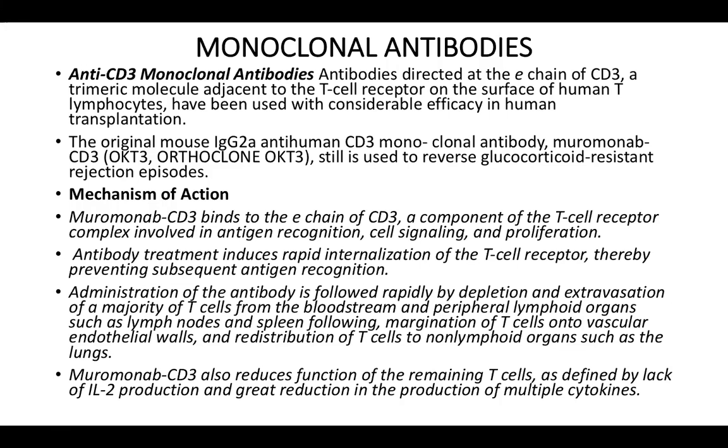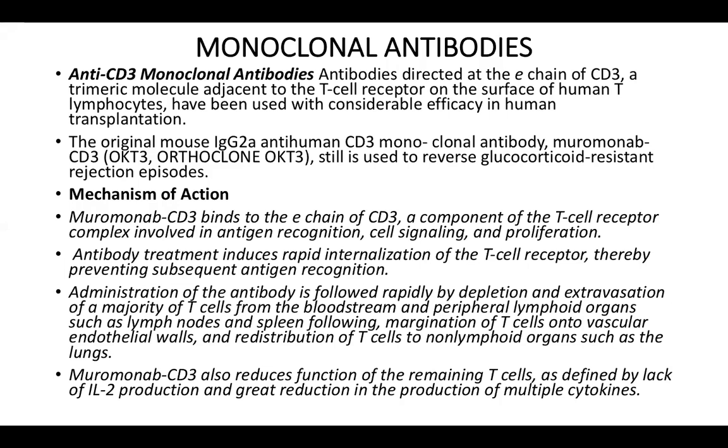What is the mechanism of action? Muromonab-CD3 binds to the epsilon chain of CD3, a component of the T cell receptor complex involved in antigen recognition, cell signaling, and cell proliferation. Antibody treatment induces rapid internalization of the T cell receptor, thereby preventing subsequent antigen recognition.